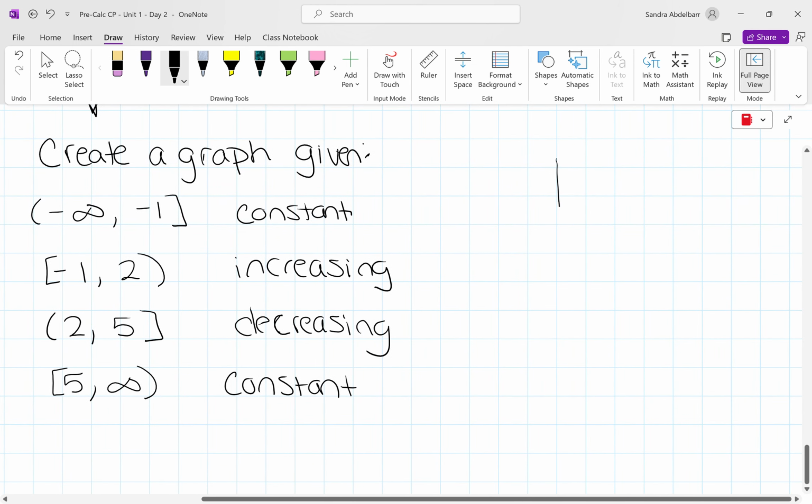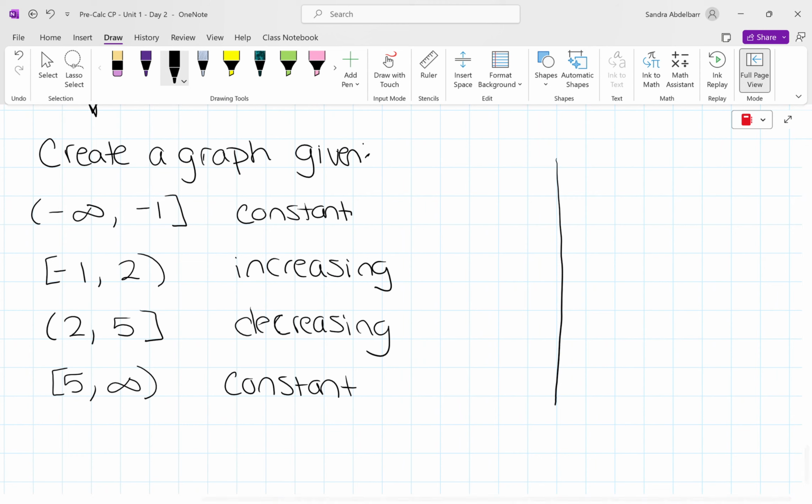Our graphs could all look different, but the shape of the graph, the way it's moving, is going to look the same. So I'm opting to choose below the x-axis. It really doesn't matter.